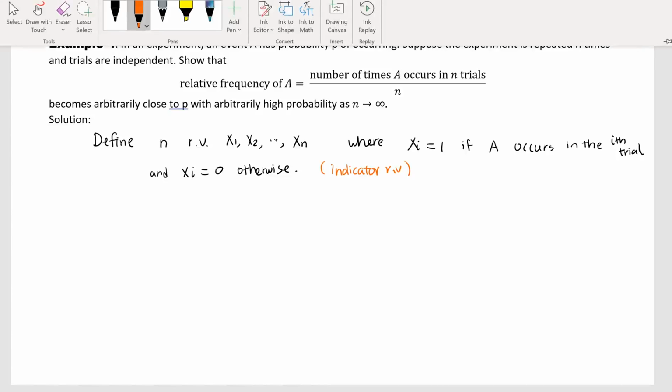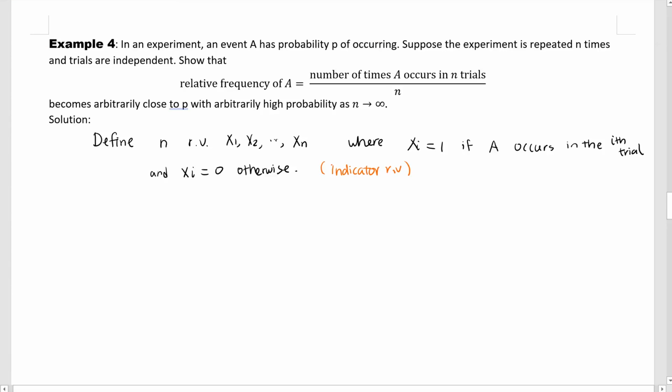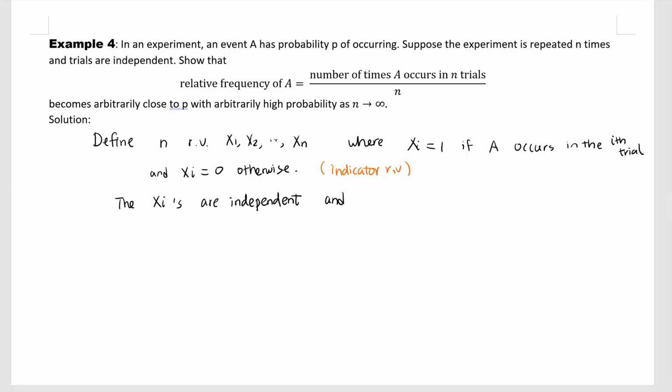And we can notice that, because all the trials are independent, the xi's are independent. And because they have the same distribution, we say they are identically distributed.